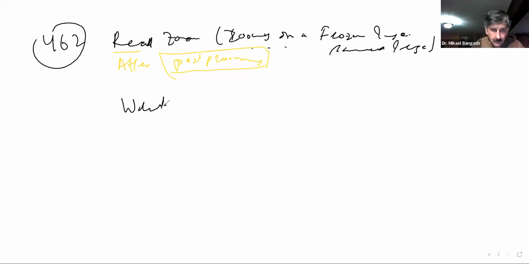Okay. Option B for question 463. Please keep in mind that, yes, write zoom was pre-processing because it says an unfrozen image.